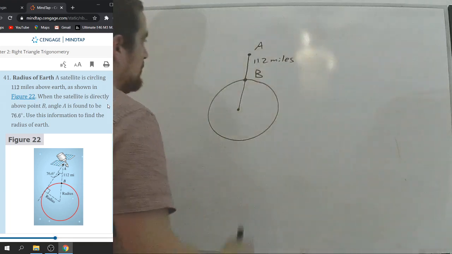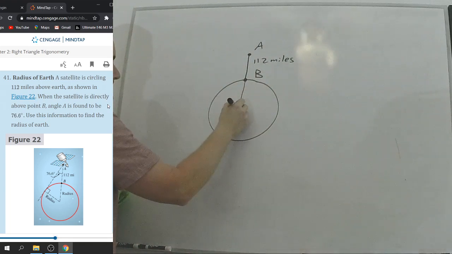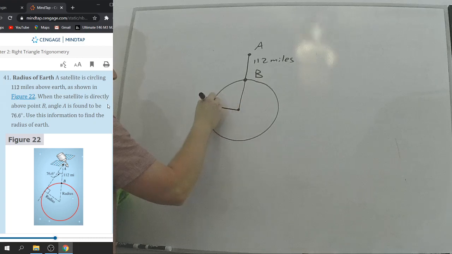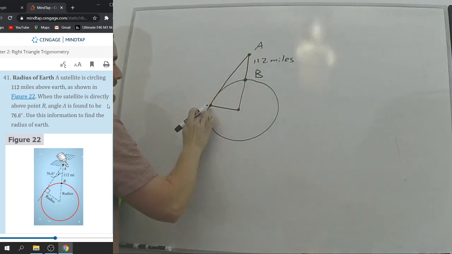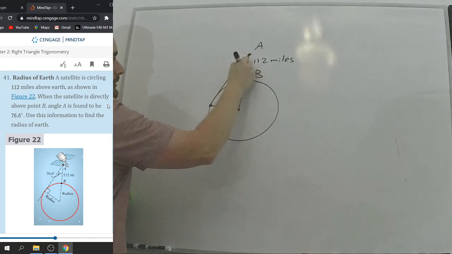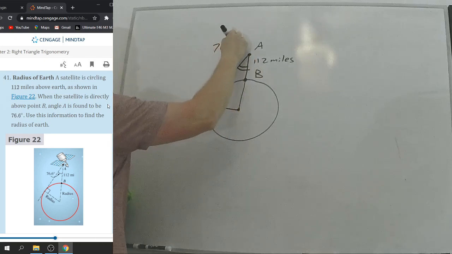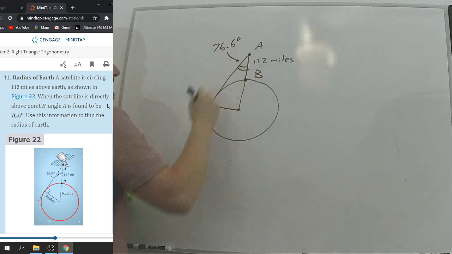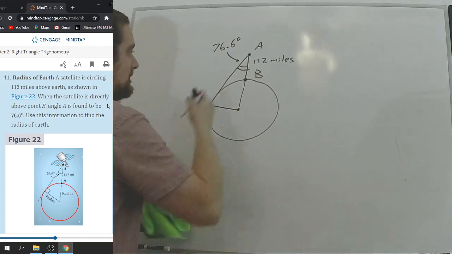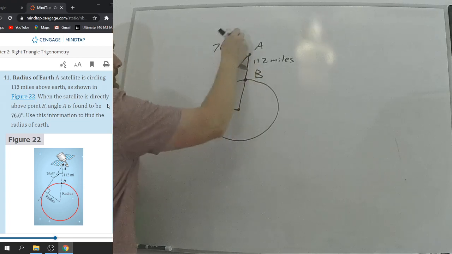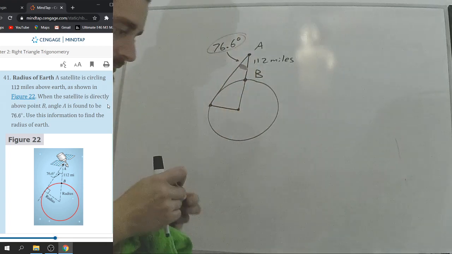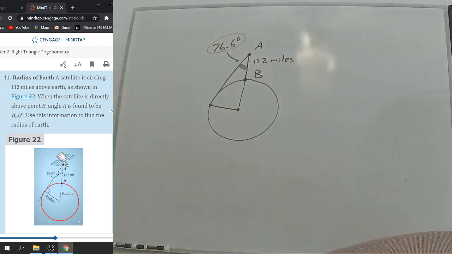And then they say we have 76.6 degrees before we hit this point. I'm going to write 76.6 degrees outside to represent this angle that they're talking about.